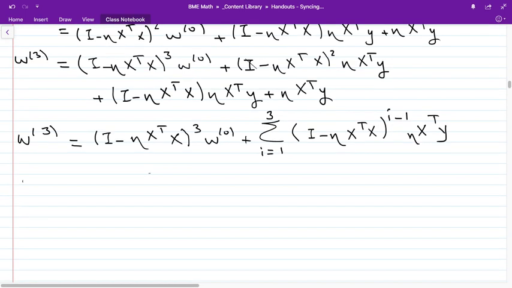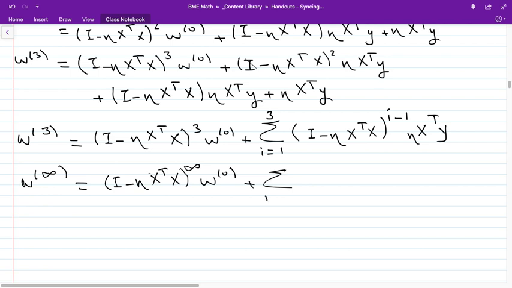So then my W at the end is going to be equal to I minus eta x transpose x raised to the infinity times W0 plus the sum of i equal to 1 to infinity of I minus eta x transpose x raised to the power of i minus 1 times eta x transpose y.